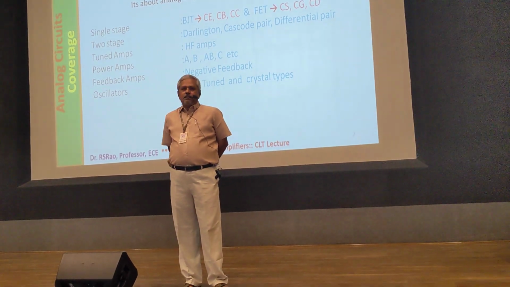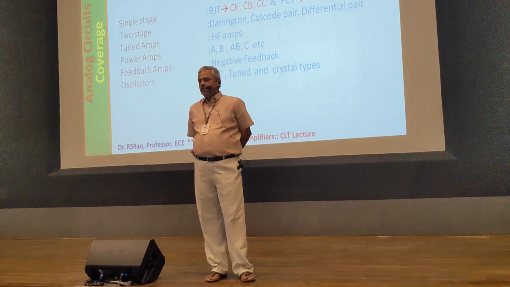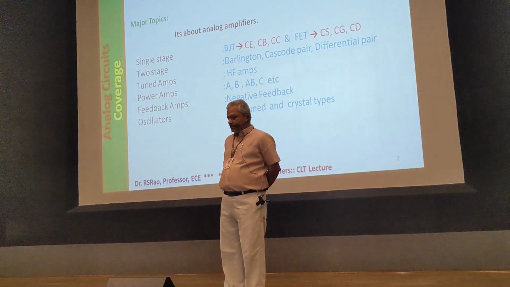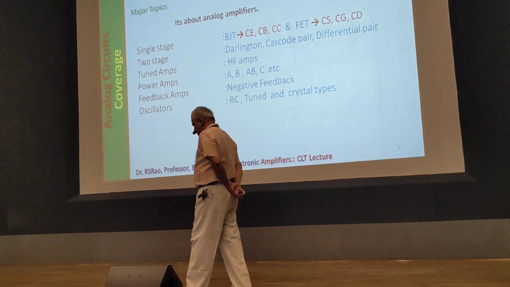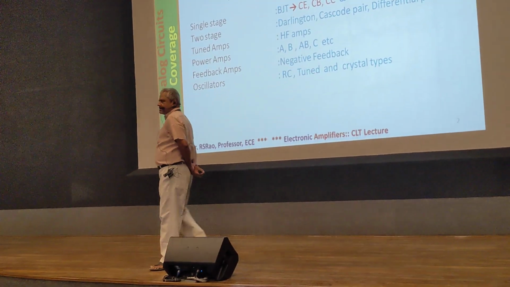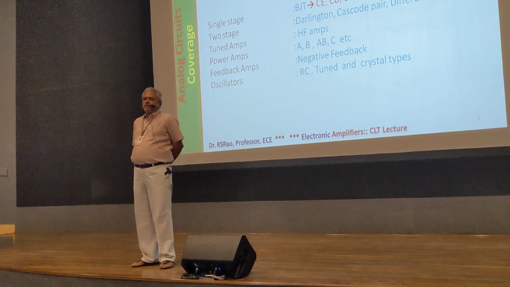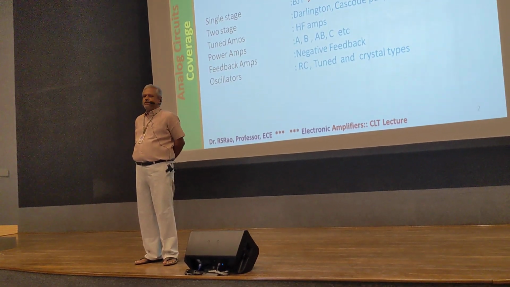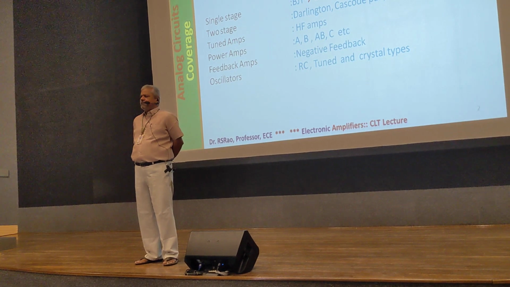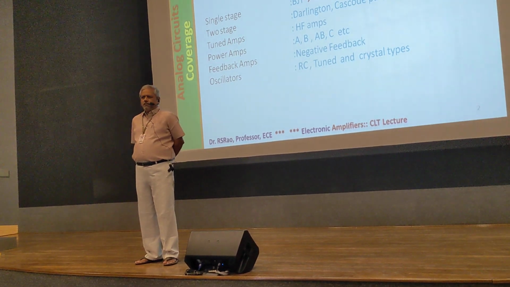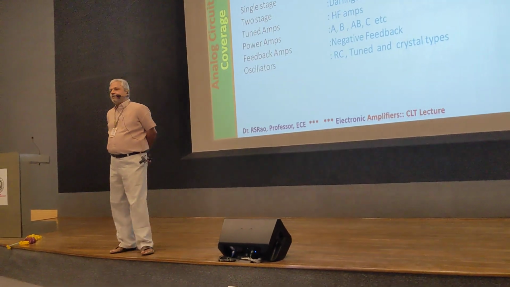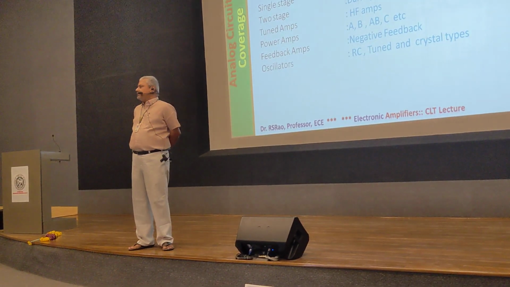Why doesn't it have a FET version? The reason is Darlington pair has come into being to enhance the input impedance of BJT amplifiers. BJT amplifiers suffer with one drawback in general: their input impedance is low.